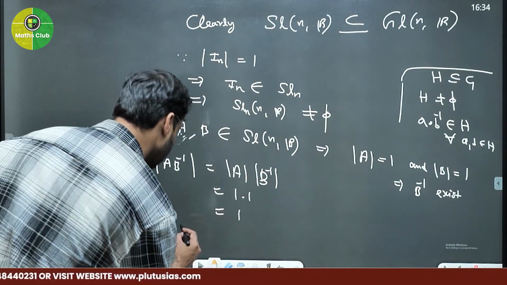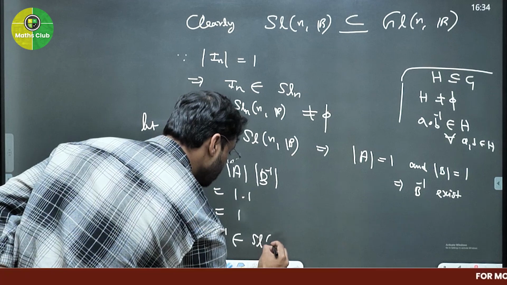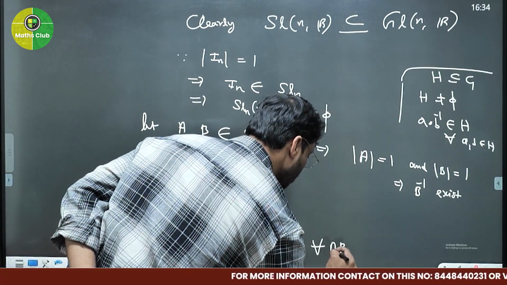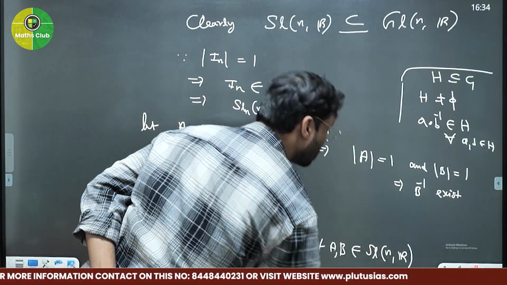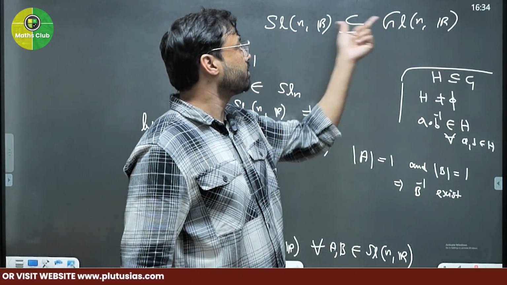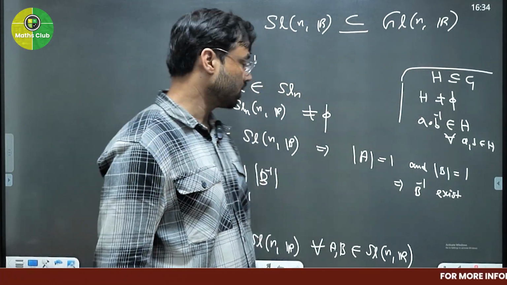That implies that AB inverse belongs to SL(n,R) for all A, B belonging to SL(n,R), and hence SL is a subgroup of GL. That means the special linear group is a subgroup of the general linear group.